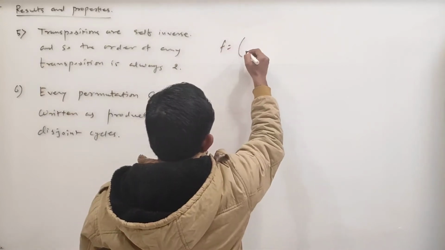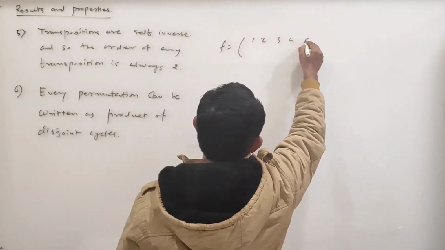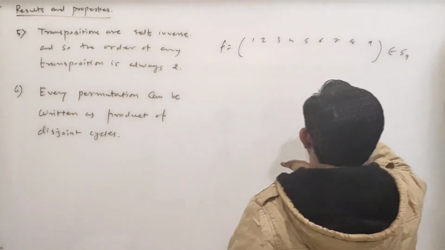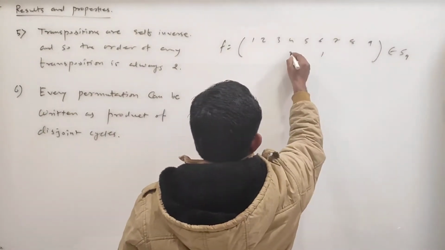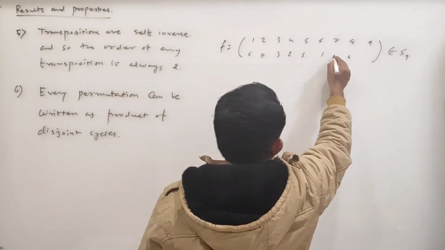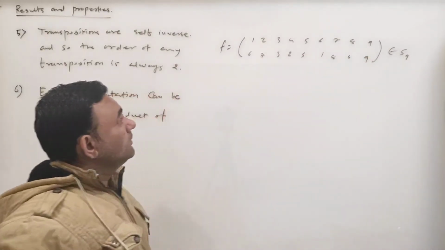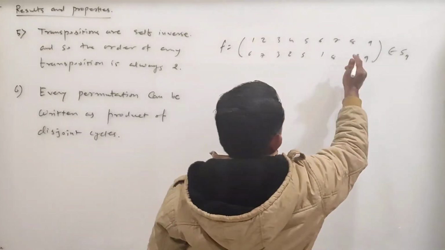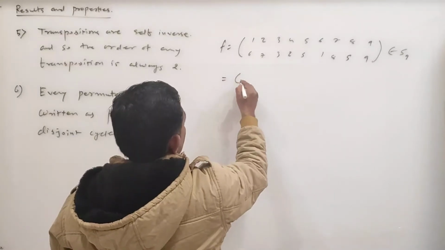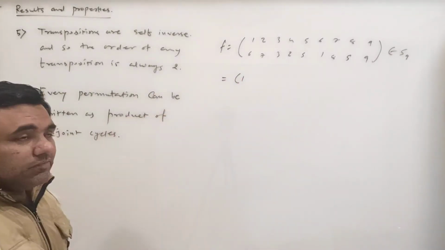So you consider F in S9, 1 2 3 4 5 6 7 8 and say 9. You can start with any element, but it is advisable you always start with 1.